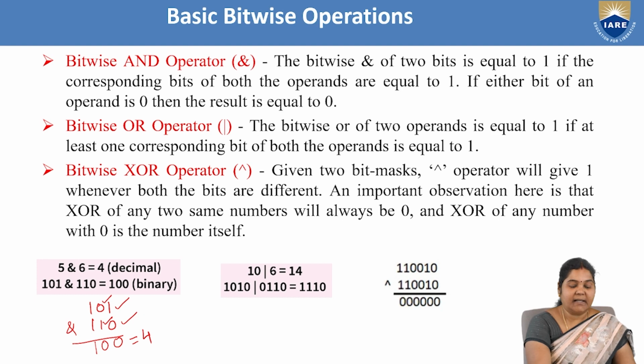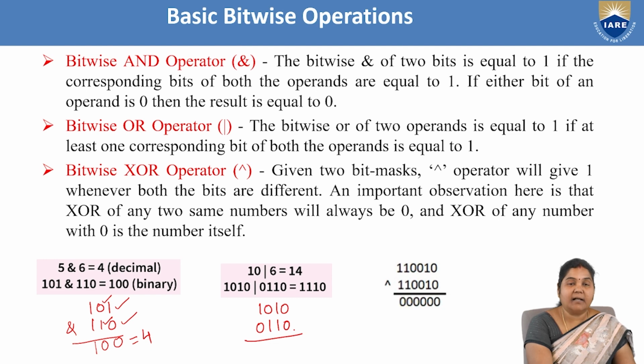So originally you have to convert the numbers into binary, then apply the AND operation bit by bit. Similarly, coming to the OR operation, here one of the numbers is 10, which is 1010 in binary, and the other number is 6, which is 110 with a leading 0.